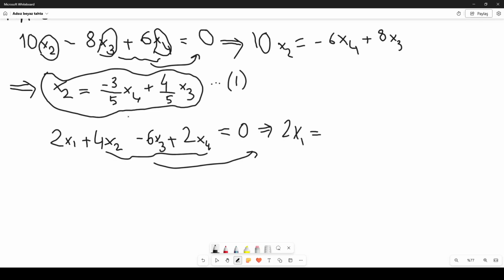But instead of x2, I know what it is equal to. I can write x2 in terms of the free variables x3 and x4 as I just found above, numbered 1. So I write it down.